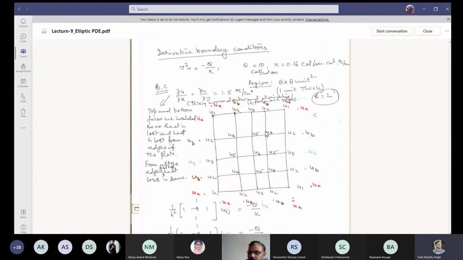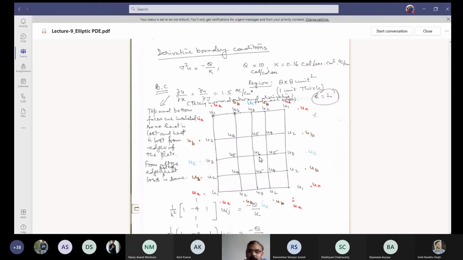Yes, sir. Plus again the u4, the back side, plus u3. Is this clear? Plus u6. Yes, sir. Equal to minus q by k.